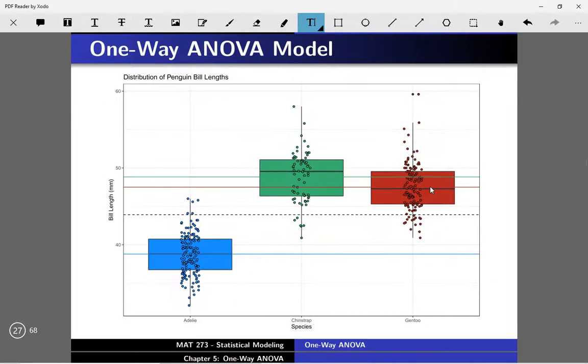Okay, and so if we visualize this, back to the box plots, this black dotted line is representing the grand mean, that mu value. That's the average response, or here the average bill length for all the penguins pooled together. Whereas the blue line is still the mu sub k, the group-specific mean.